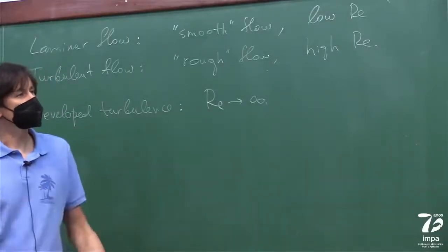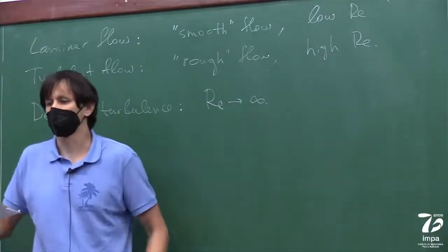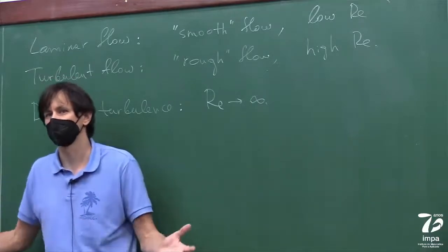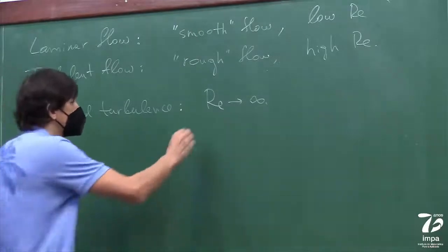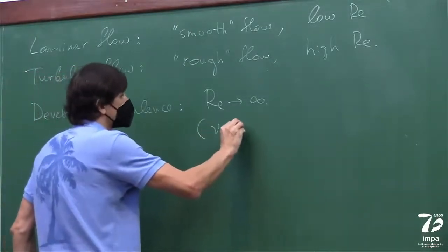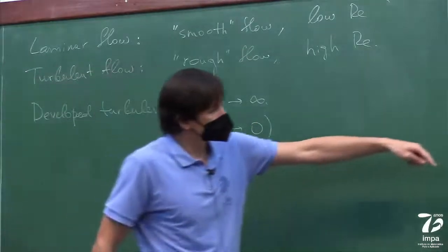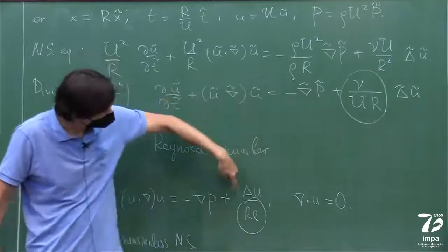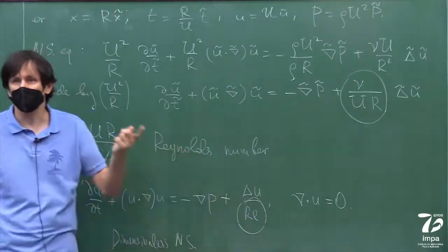It's not that it actually goes to infinity. It's just very large, and depending on the situation it may be very, very large. So usually people say that viscosity goes to 0. You have the same situation: in the dimensional equations, remember, you have viscosity in the place of 1 over Reynolds.